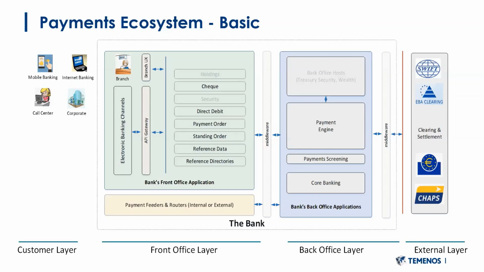Then there are internal payment feeders that are aggregating payments from corporate channels, such as batch payments, salary payments, payroll payments, or supplier payments. They're all coming in STP mode, and they're coming into the bank's back office. All these are processed by the payments engine and sent out for clearing.